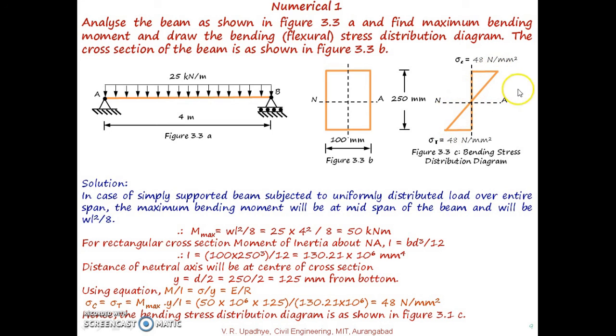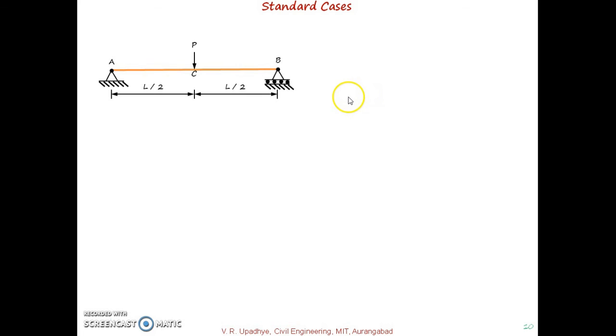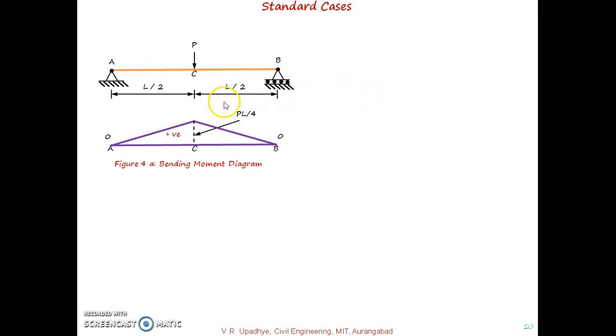With this numerical, we are again discussing a few terms related to bending moments in standard cases, or say general cases. If you have a simply supported beam subjected to a point load at midspan, then the maximum value of bending moment is WL divided by 4, or written in terms of P, that will be PL divided by 4.